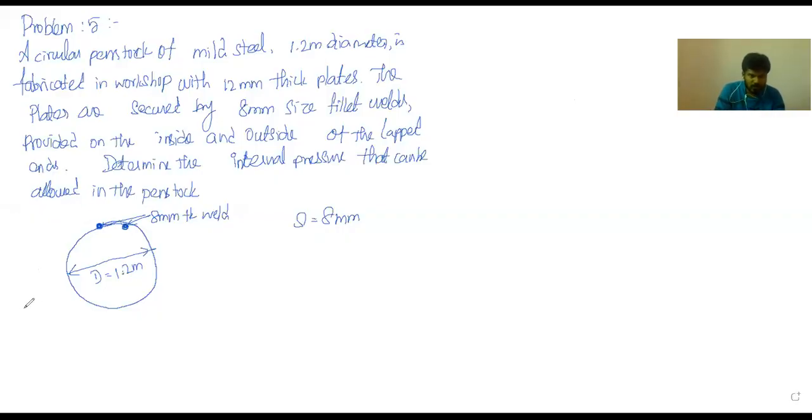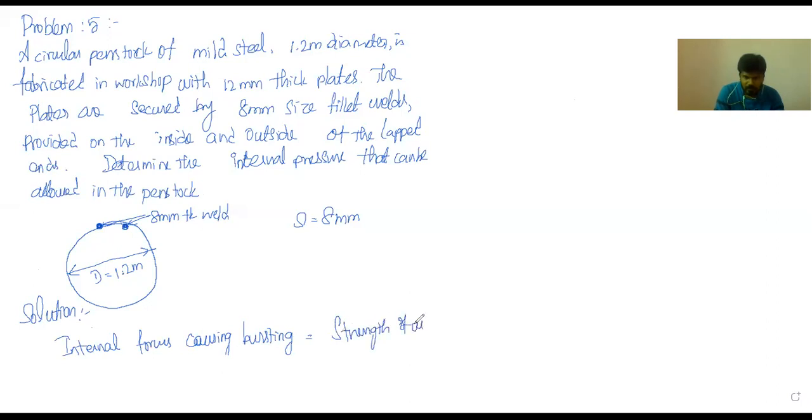So let us go for the solution. So the way we are going to find out the internal pressure: the internal force causing bursting is equal to the strength of weld per length.